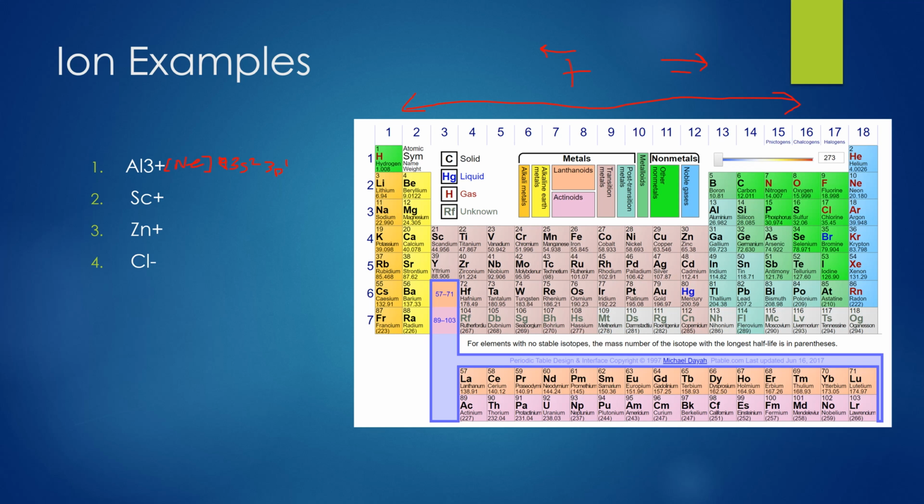Let's look at scandium plus. Now, scandium is right here in the 3d1 position. So I just finished saying that we remove electrons from the highest energy level first. So when I say the highest energy level first, I mean we're going to remove them from the 4s before we remove them from the 3d.